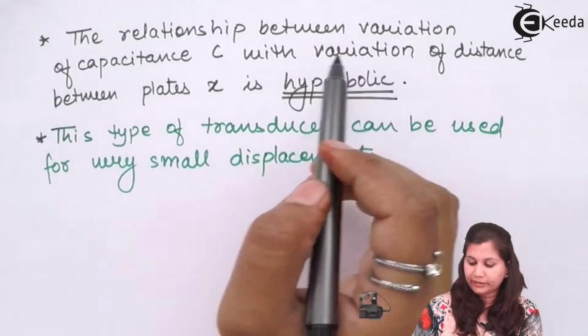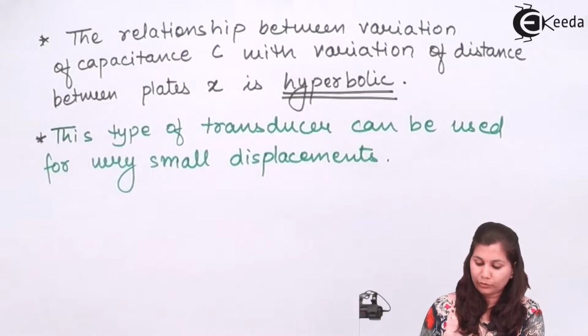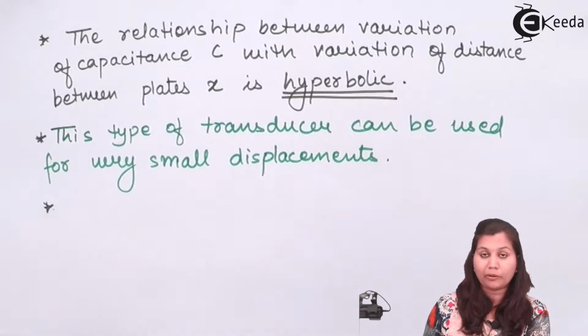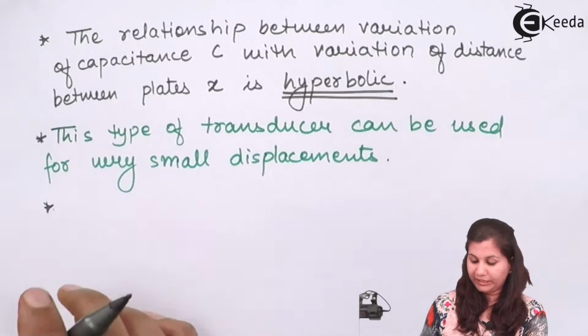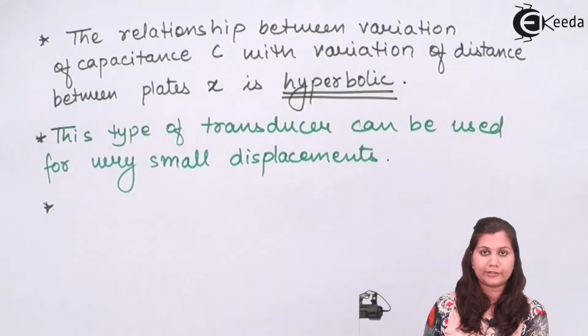Now this non-linear relationship can be linearly approximated by using a thin film of mica, which has a very high dielectric constant, and we can make the relationship between distance and capacitance linear for a small range.